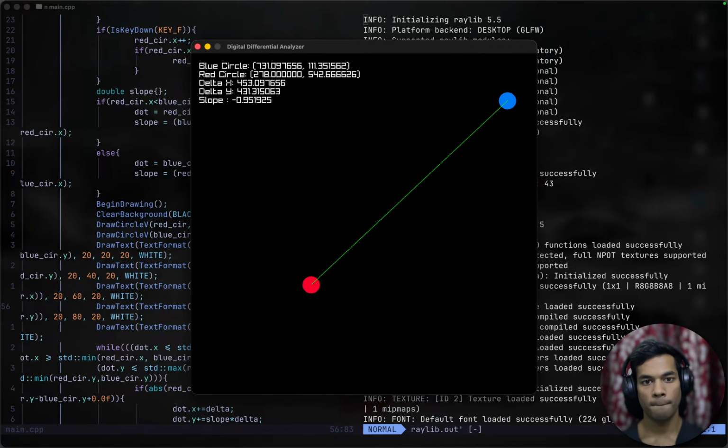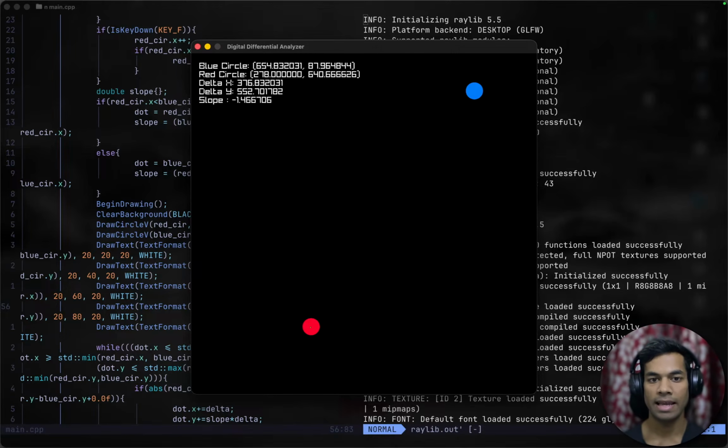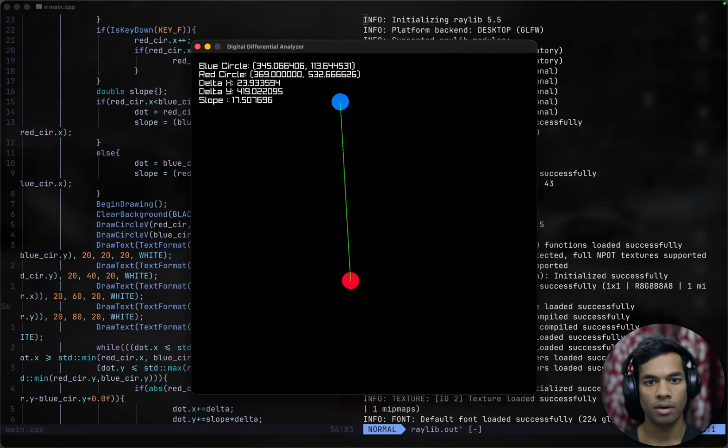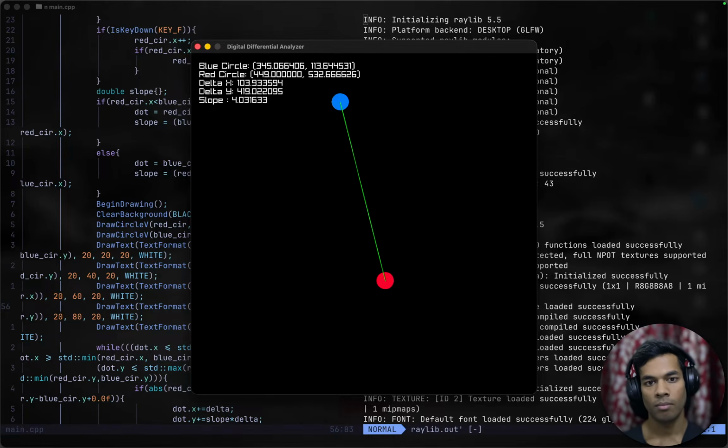Here, yeah, when y becomes greater than x, when we are traveling in x direction. Okay, that is the problem. And here still we are moving in the x direction.